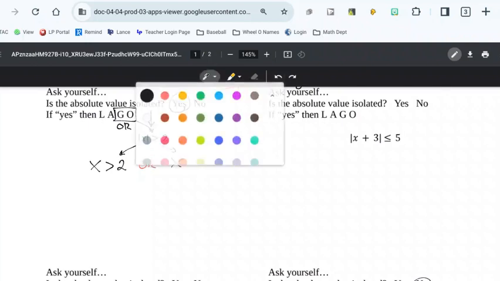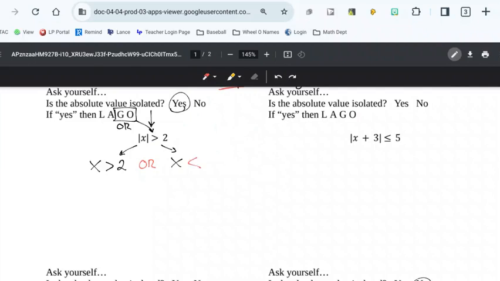Sorry, let me actually do that in a different color. So we're going to flip the sign because this is the change that's happening. And then we need to make that +2, -2. And for this example, we are done. Our two solutions in here, and actually, this is one solution together. X can be greater than 2, or x can be less than -2.